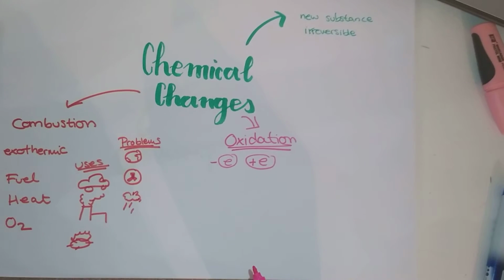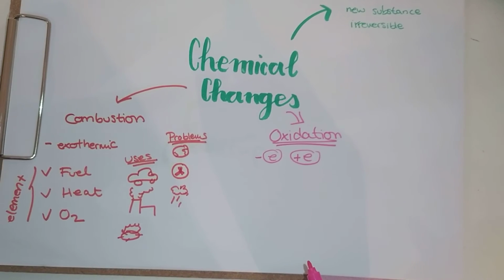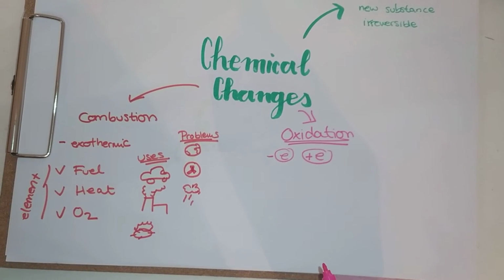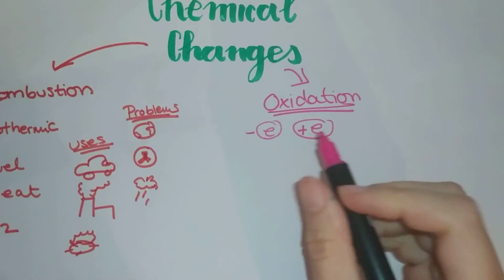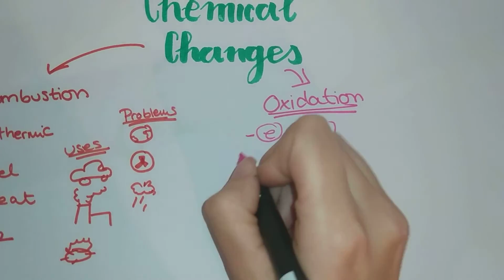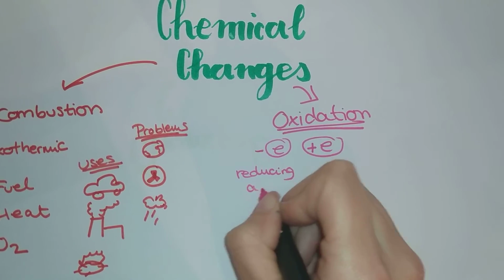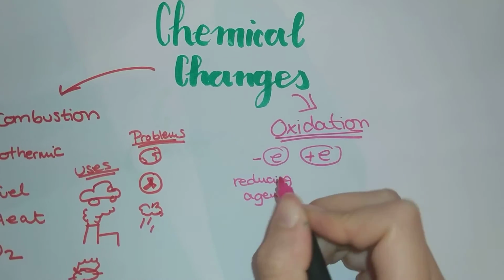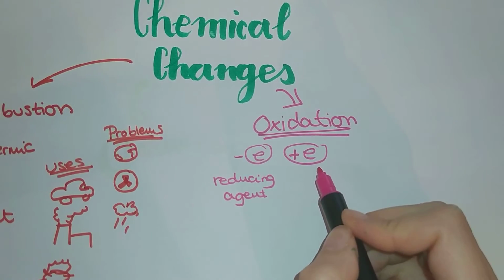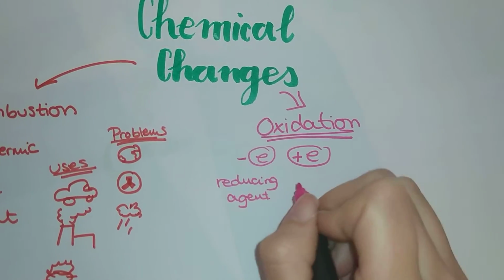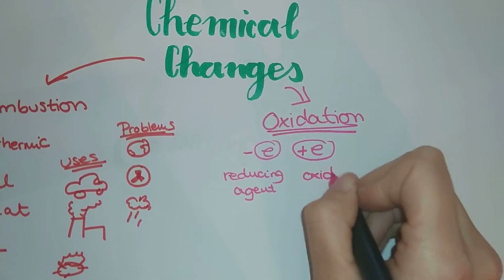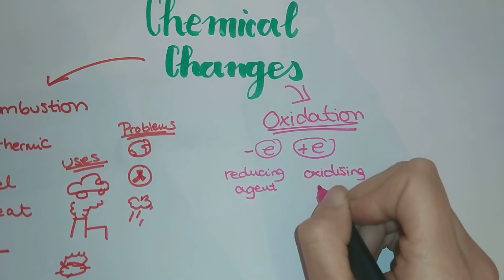It causes changes to the properties and appearance of substances. The substance that loses the electron is called reducing agent. And the substance that gains electrons is called the oxidizing agent.